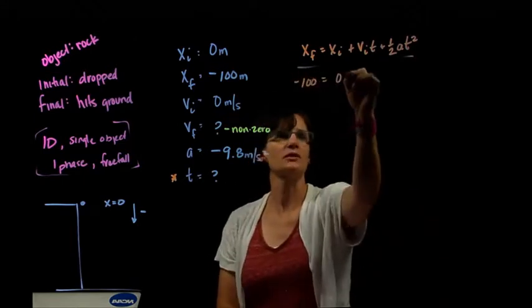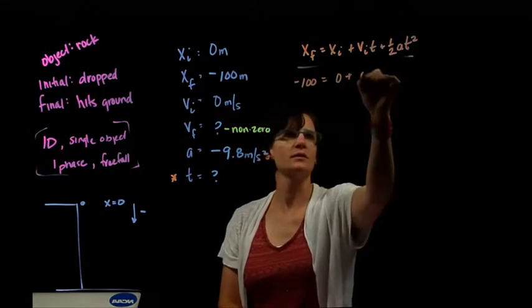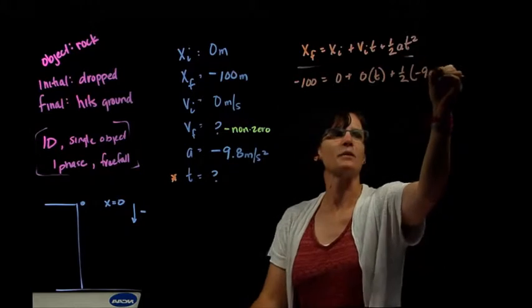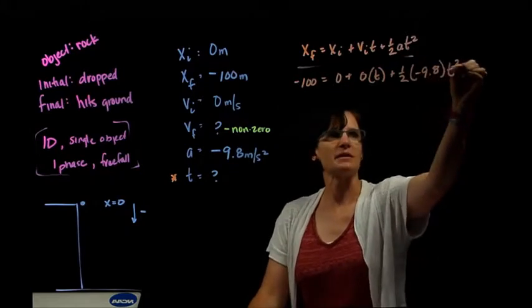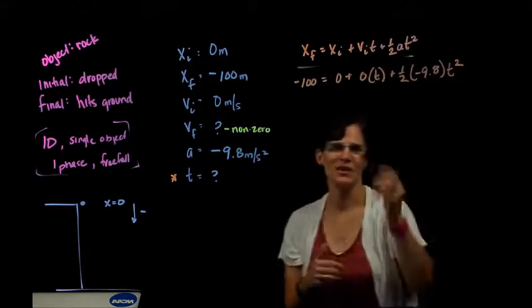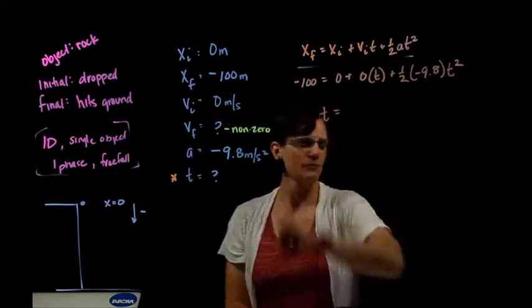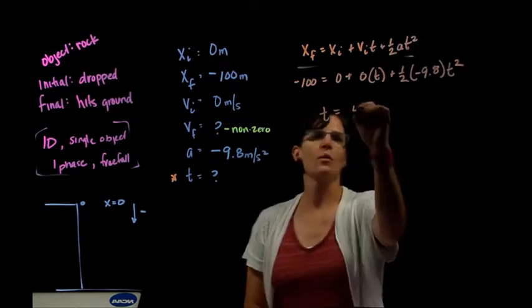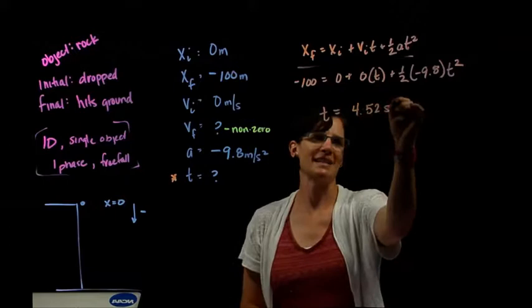X initial is 0. V initial is 0. Time we don't know. Plus 1/2 times negative 9.8 times time squared. So I have one equation, I have one unknown, I can solve it. So my time for the fall is equal to 4.52 seconds.